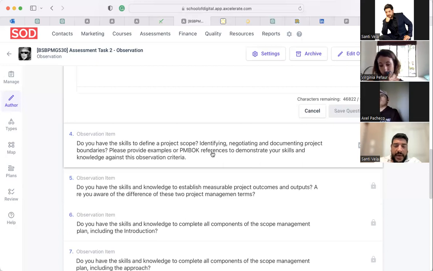So let's get back a little bit, all right? Defining the project scope is very simple, isn't it? You tell me, what is the project scope? It's the resources, the budget, and the time.